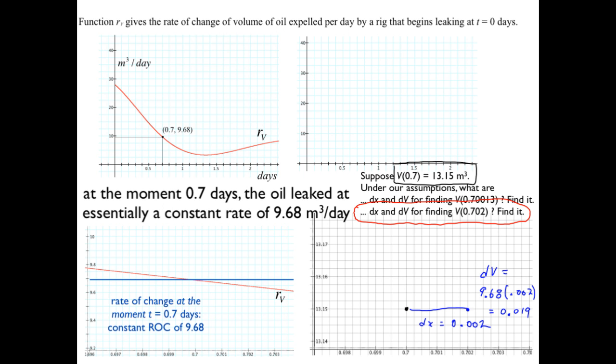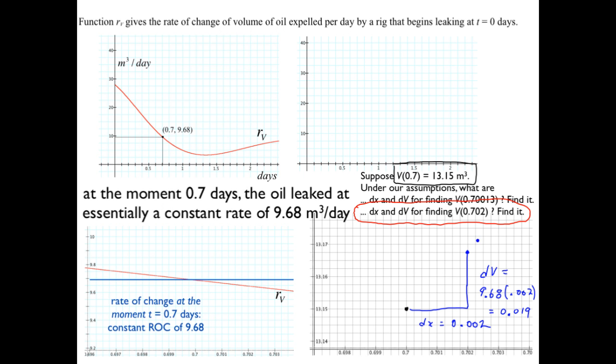Okay, and so here I go, dv. As dx increases by 0.002, v increases by 0.019, taking me to close to 13.17. And how do you get that?